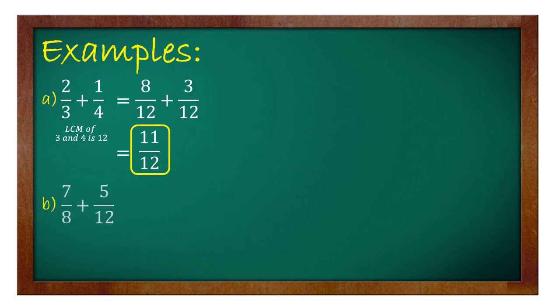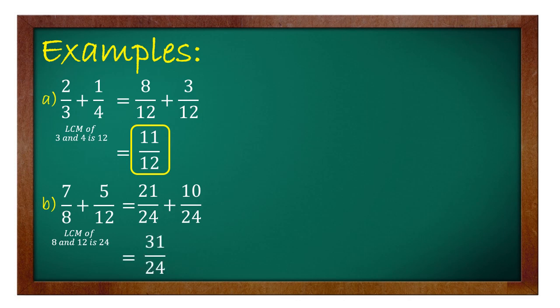Another example is 7/8 plus 5/12. So, ang ating denominators ay 8 at saka 12. So, ang LCM nila ay 24. So, yung 7/8 magiging 21/24. And then yung 5/12 magiging 10/24. And then, add na natin yung numerators, which is 21 plus 10 is 31.